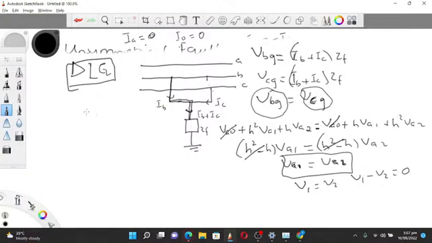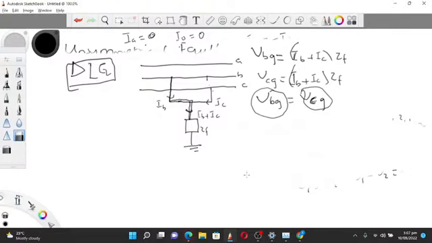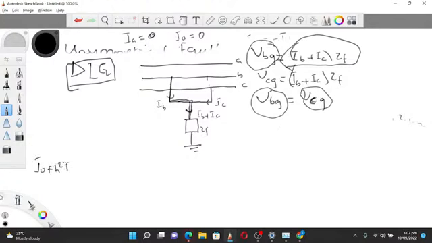The same way, if I write the expression for this, so let's write for IB plus IC. Now IB will be given as I0 plus H squared I1 plus H I2, and IC will be given as I0 plus H I1 plus H squared I2.